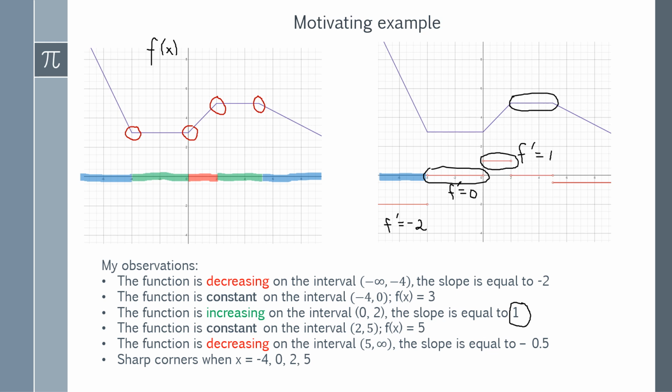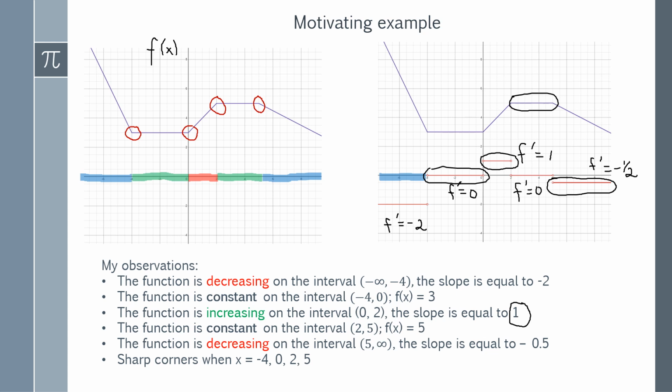What about the derivative? The derivative is going to be 0. And then the last interval, where the function is decreasing, means we have a negative derivative, so negative 0.5 or negative 1/2. That would be this piece right here. So f prime here is negative 1/2.